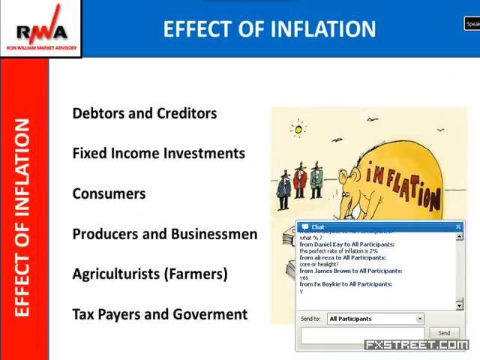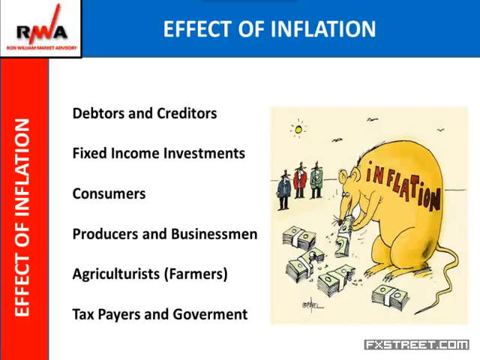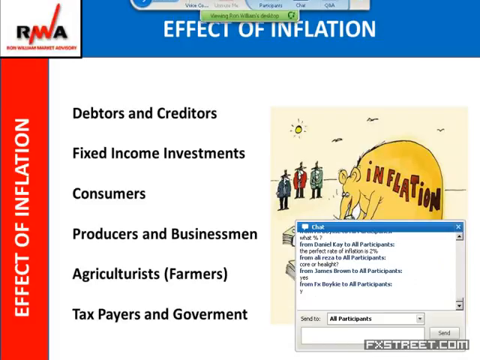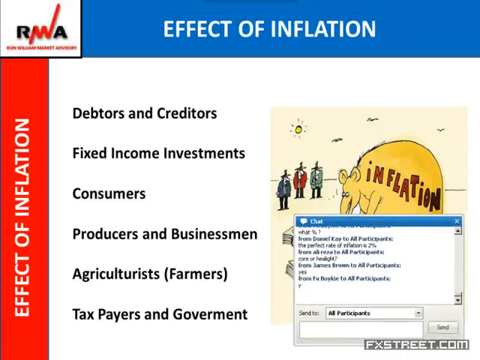Next point is the effect of inflation. And it's probably obvious, but I'll just highlight it just to be clear. Debtors and creditors. Of course, if corporations have any bank loans, or if any of us have personal loans, and a significant increase in inflation triggers higher interest rates, then the debt situation starts to balloon.